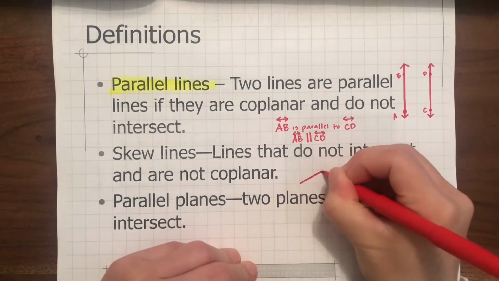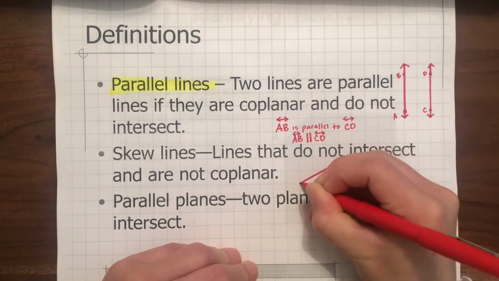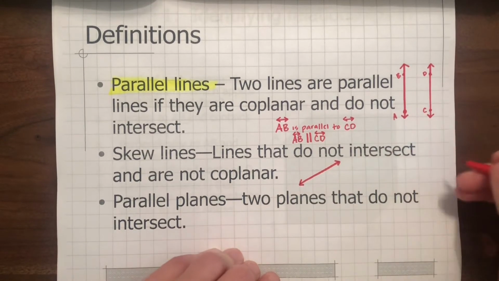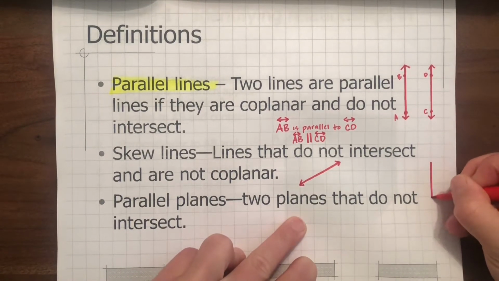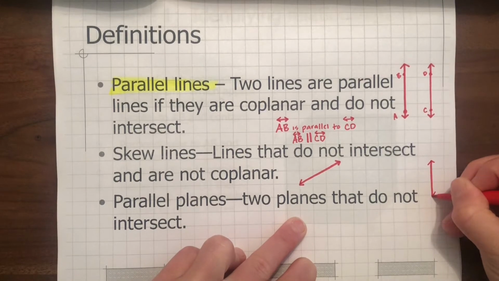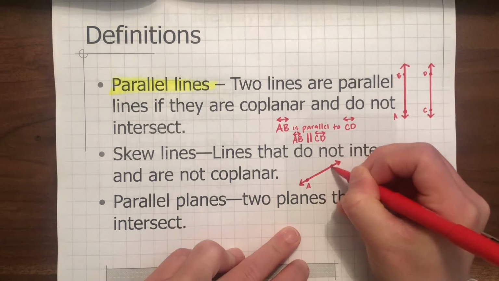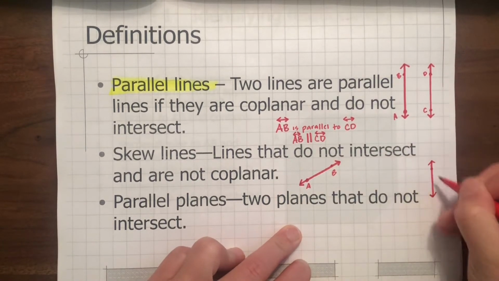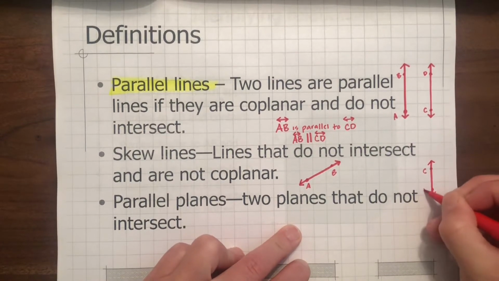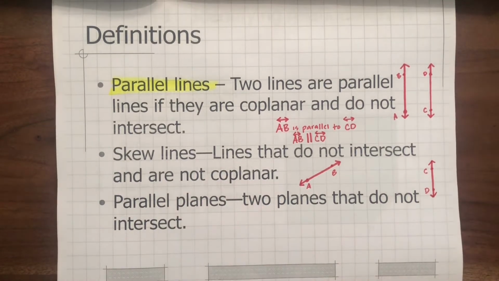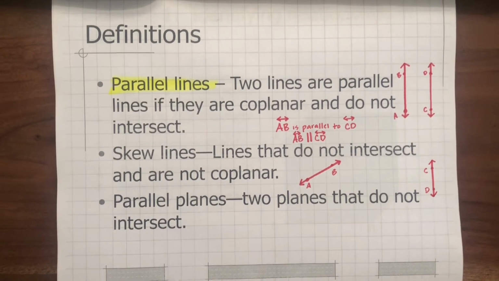Let's say one is here, and then one is over here. They don't intersect, they're not on the same plane, they are just far apart. So then this would be AB, and this would be CD. And we'll notice that when we start looking at a figure, what those skew lines are, okay?